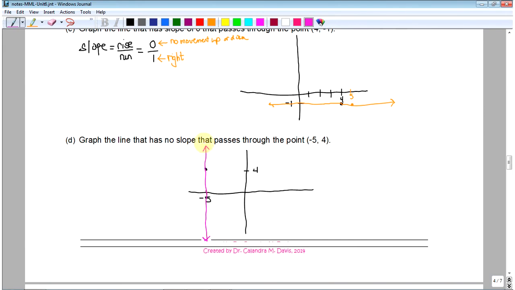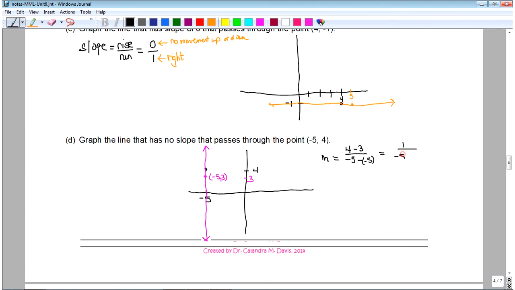So if you needed to be convinced, let's say if we looked at one other point on the graph, we know that we have the point (-5, 3) on the graph. If you computed your slope, if we did the change in y, so 4 minus 3, divided by the change in x, -5 minus -5, notice the top becomes 1.